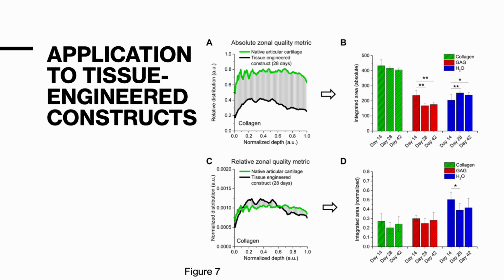And this discrepancy suggests that reproducing the water and GAG distributions is easier during early culture, while replicating the complex fibrillar architecture of collagen in deeper zones is likely the greater challenge, requiring more time or specific mechanical and biomechanical stimuli.